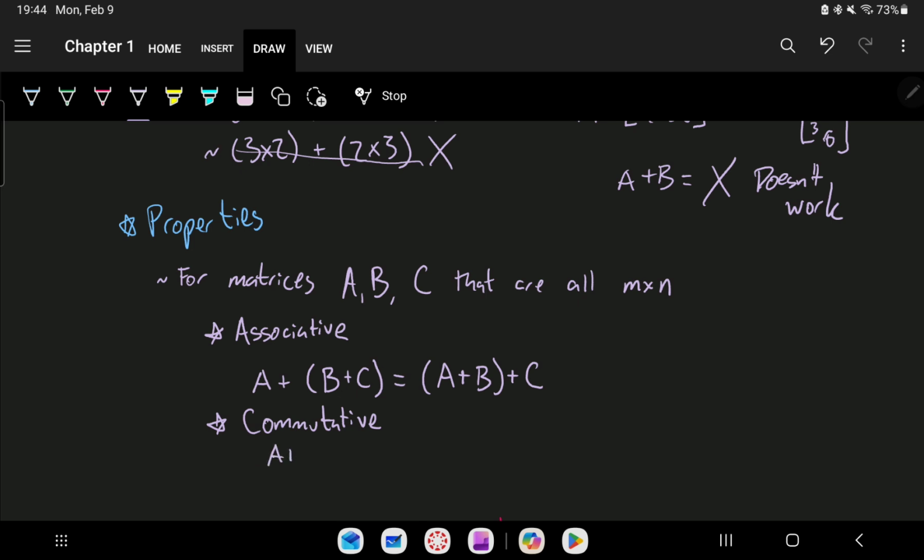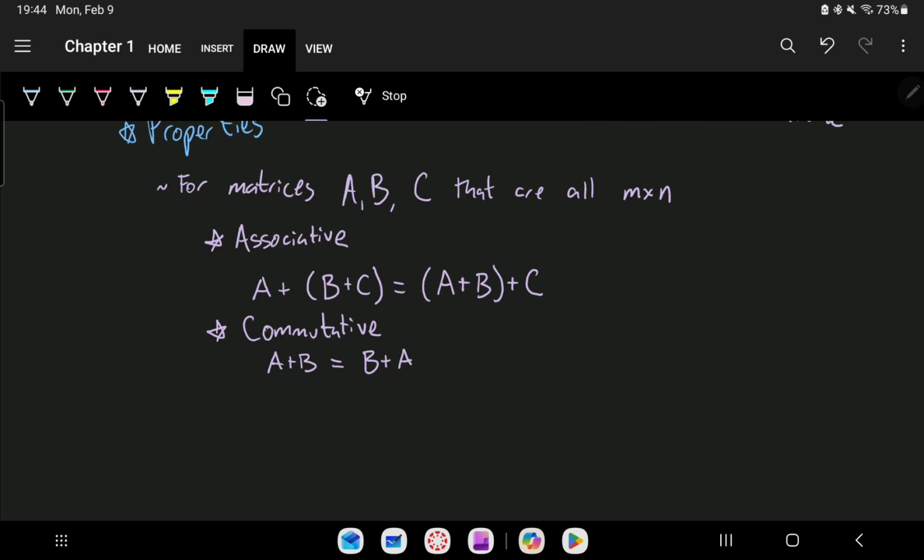So A plus B is the same thing as saying B plus A. Now if we also have a real number, say we introduce a real number called C, we already have a matrix C, and that might get a little confusing.